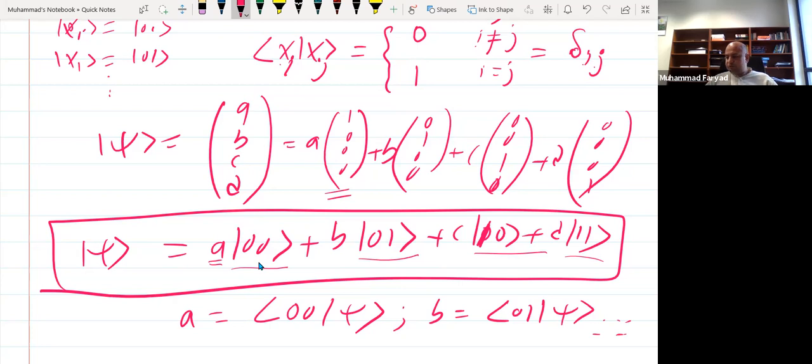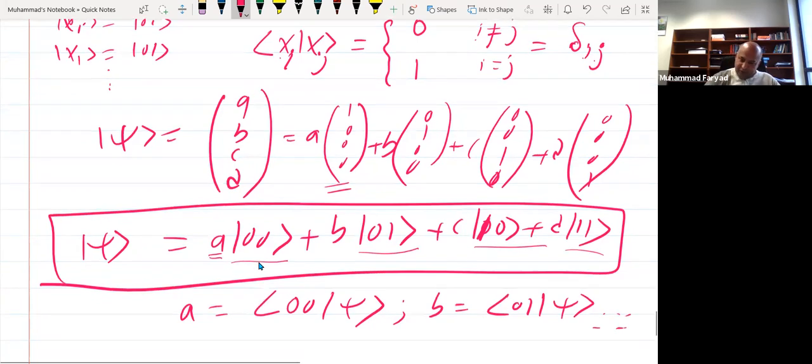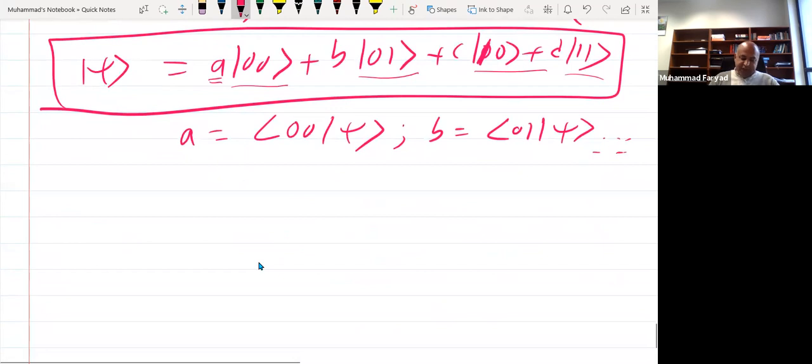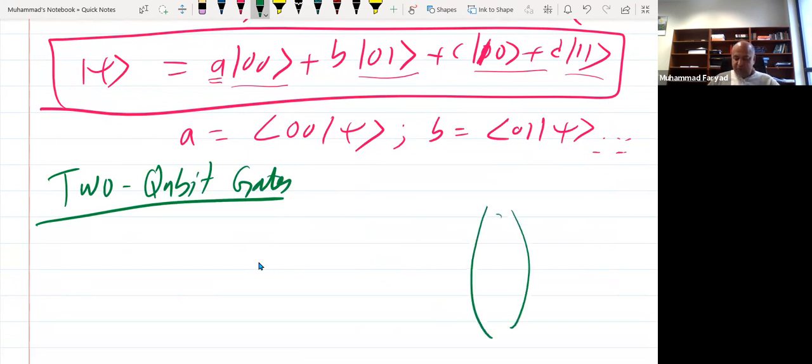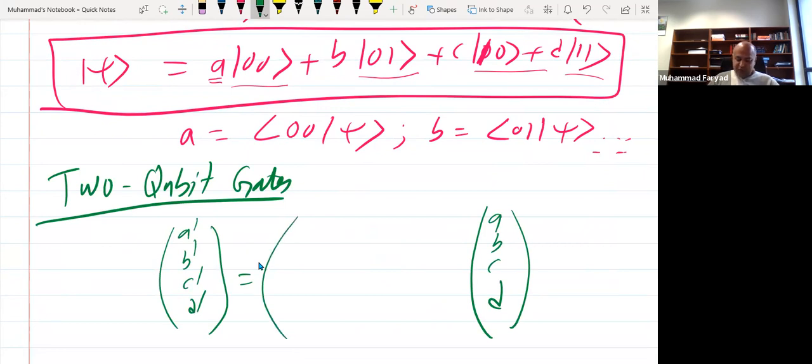Okay, so let's now get to 2-qubit gates. Since a general 2-qubit state is a 4x1 column vector, it means if we think in terms of matrix, then that matrix has to be a 4x4 matrix.